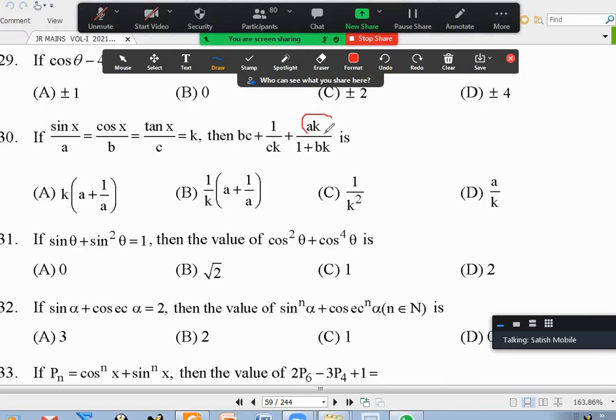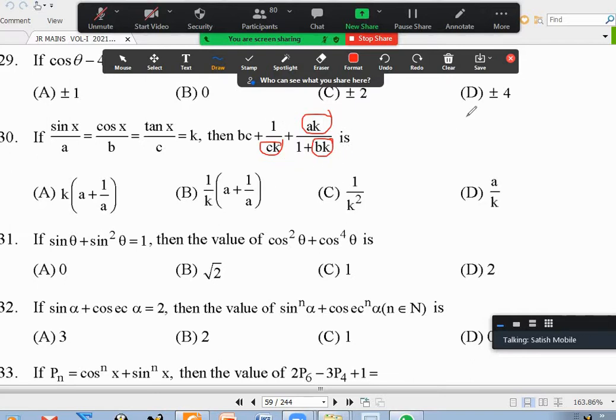So AK is there. BC value is also sin x by K square, sir. BC value, yes, correct. Okay, we'll talk about BC. I think AK, BK, CK are obviously better to write as sin x, cos x, and tan x, right? Yes, sir.